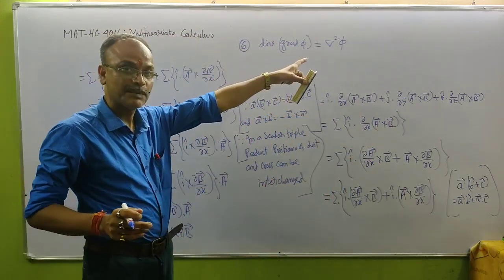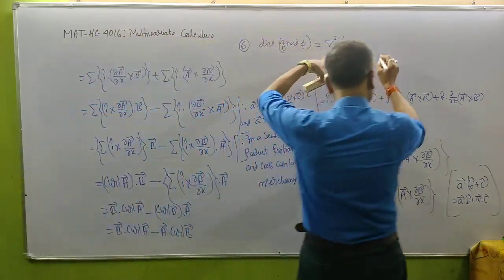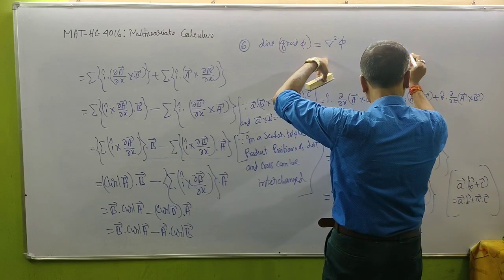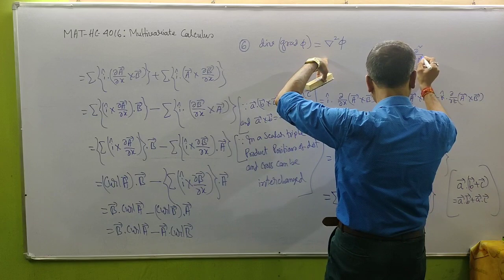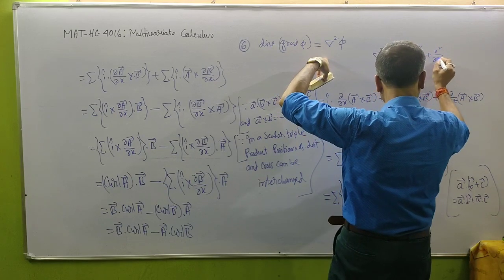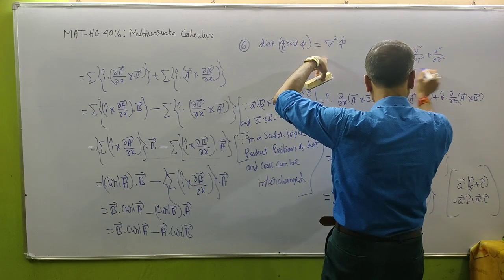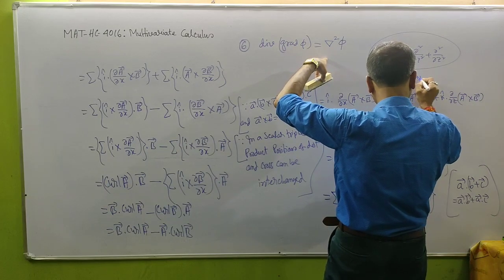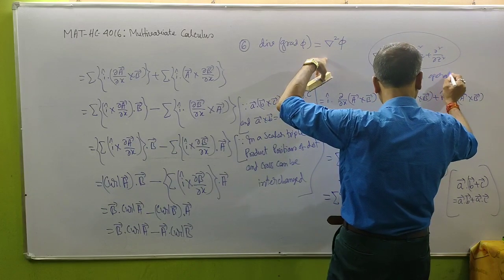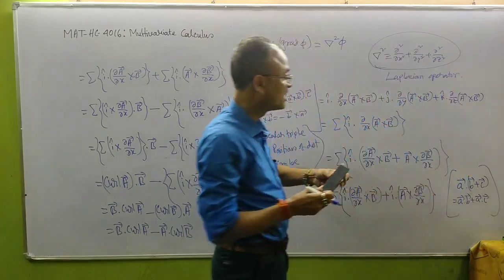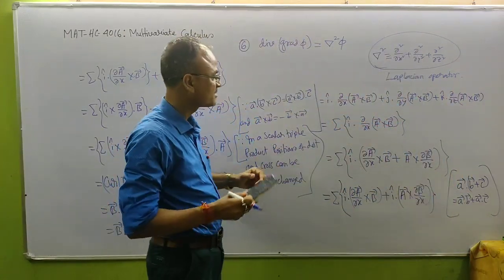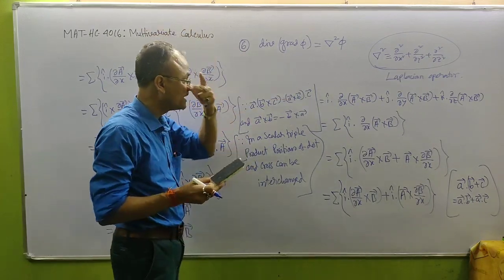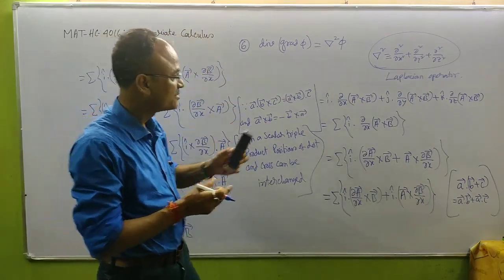This is the Laplacian operator, equal to delta square by delta x square plus delta square by delta y square plus delta square by delta z square. I have already defined it in earlier classes. You may check this one. Divergence of gradient of phi equals this one.